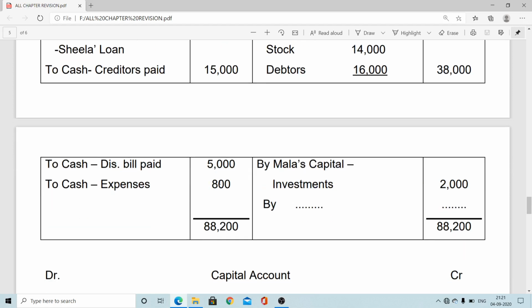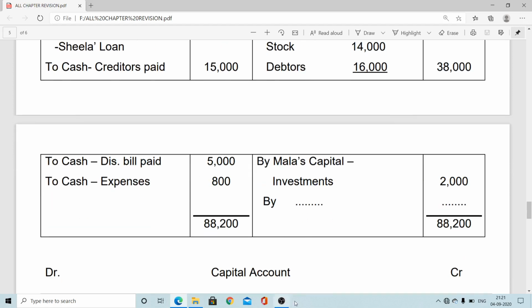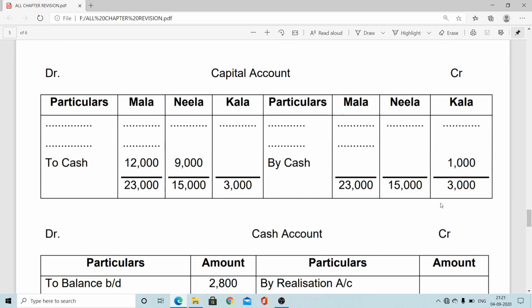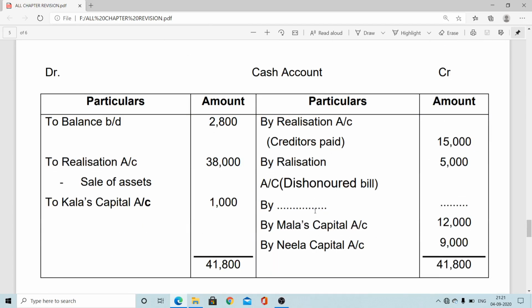So that was missing, ultimately 800. So that 800 we can put here in the cash ledger by realization, that is realization expenses 800. And if you make the difference, an 800 shortage will be there, so ultimately it will match if we put 800 here, and write by realization within brackets realization expenses. So that way the missing figure we can calculate.